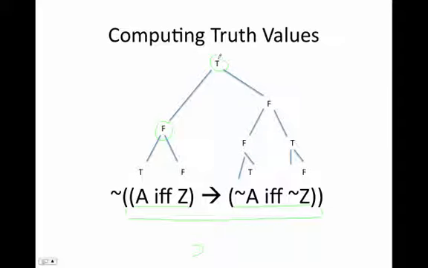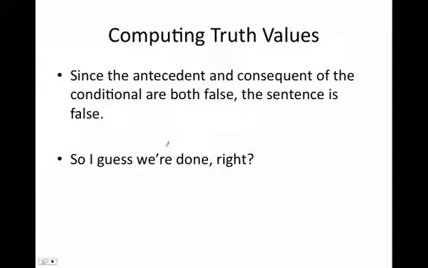All right. Again, the only time a conditional is false is when it has a true antecedent and a false consequent. Since this conditional has a false antecedent, it's true. All right. Again, since the antecedent and consequent of the biconditional are both false, the sentence is false.